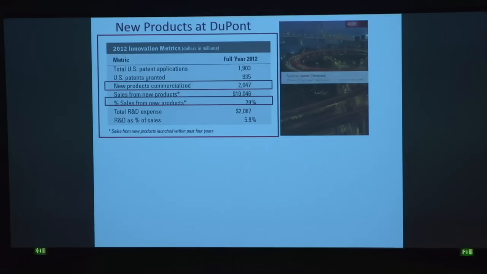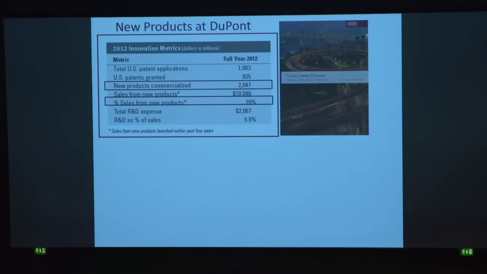And if you look at the annual report for 2012, you can see they are saying that in 2012, they launched, commercialized over 2,000 new products that year. That means you are talking about almost 5 new products per day.